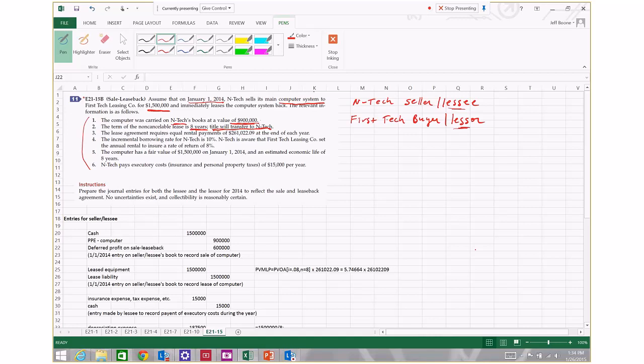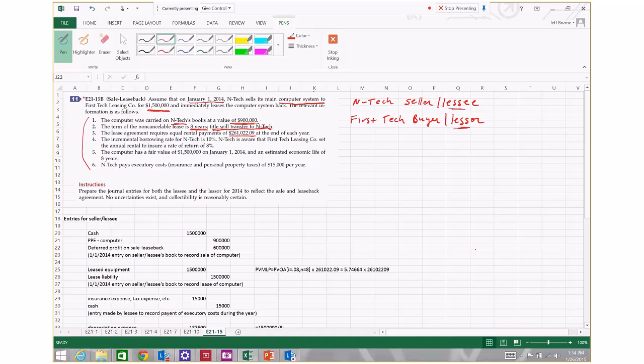They're going to lease it back from First Tech for an 8 year period, and at the end of the 8 year lease period, title to the property is going to transfer back to Intech. The lease agreement requires equal rental payments of $261,022.09, so that's the amount of each of the lease payments.